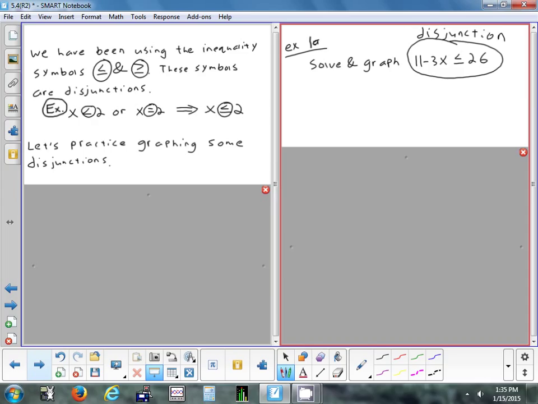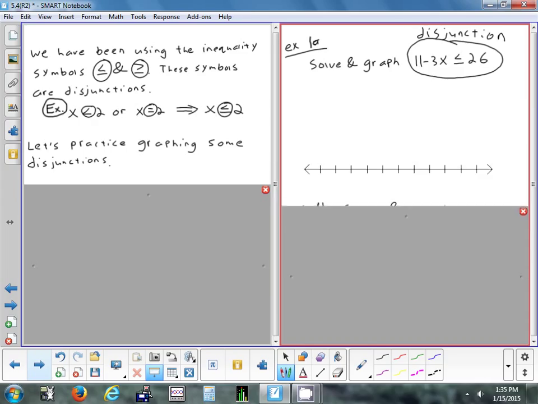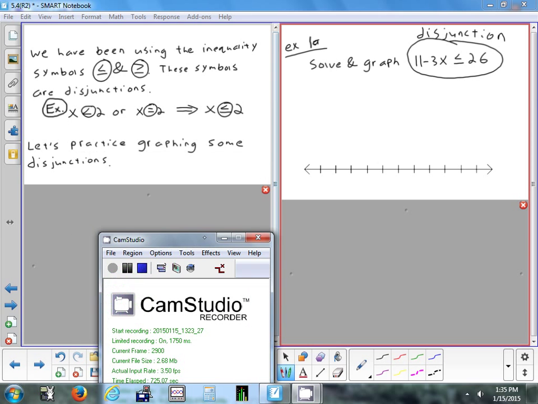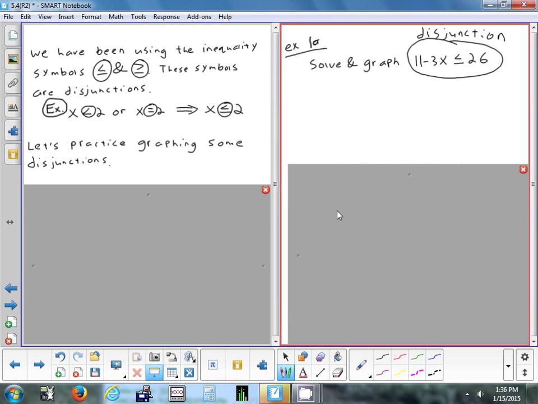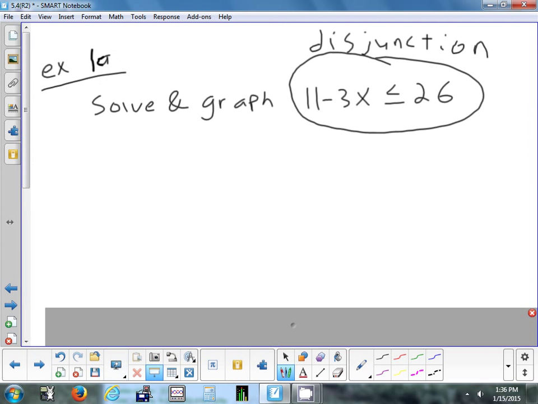It uses the word or. Now we'll solve that and we'll graph it. Make sure you copy down that example first. All right, so we're going to solve and graph. What I'll do is, let me just copy it over right here.